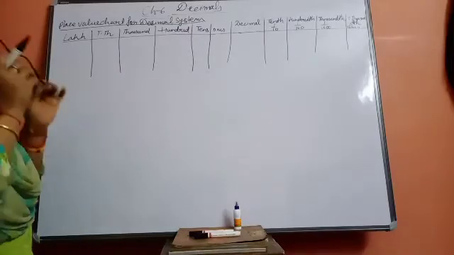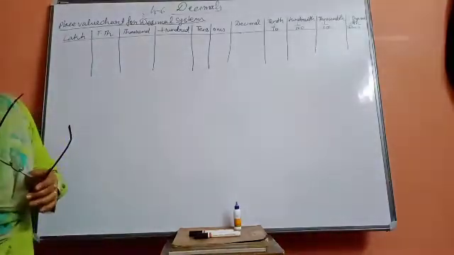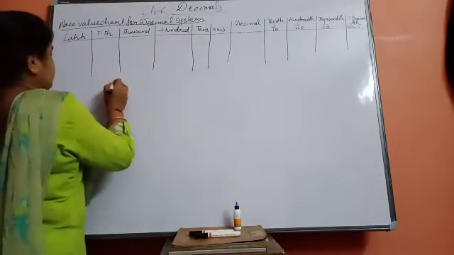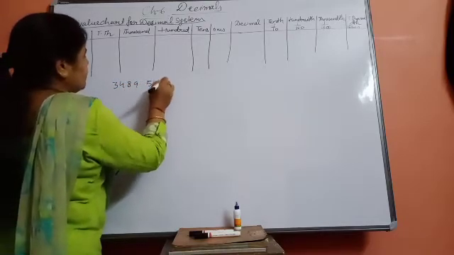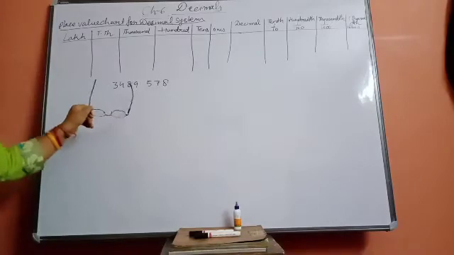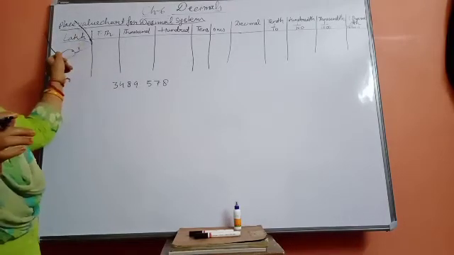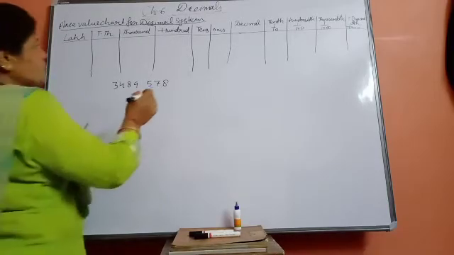Now we are going to learn the decimal values through this chart. Suppose I am taking one example: 3489.578. How will you put this number in the place value chart of the decimal system? First of all, move to the decimal.